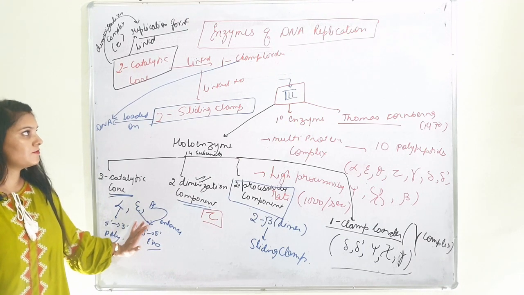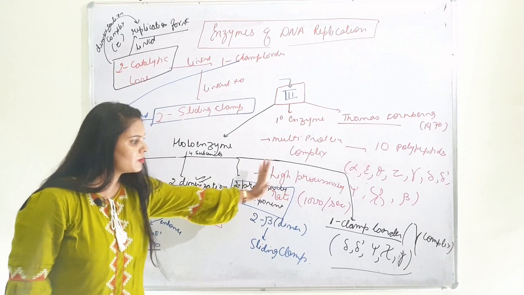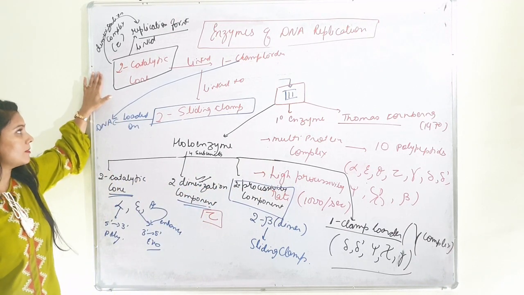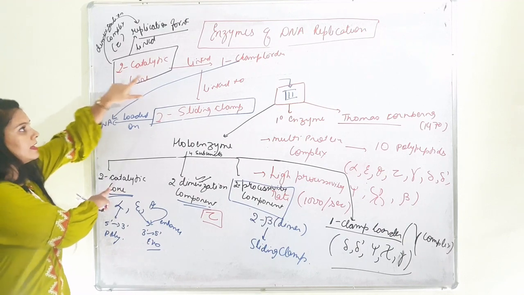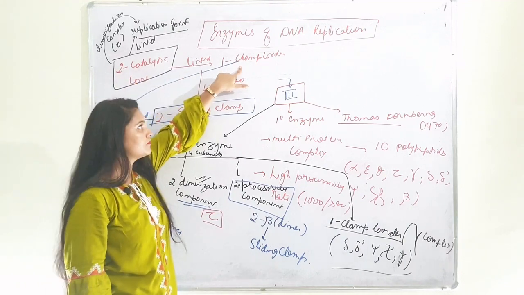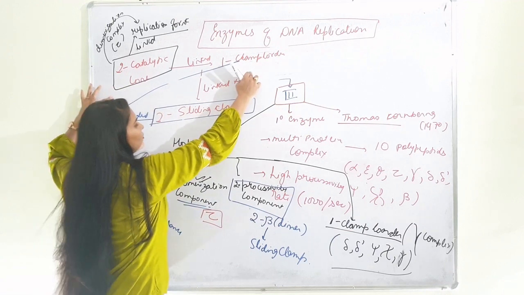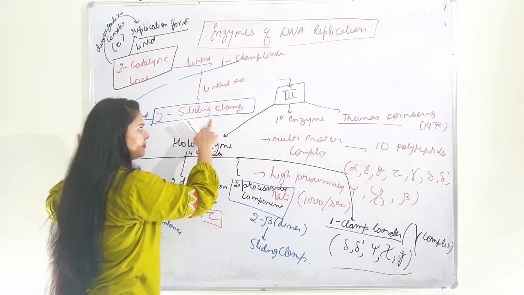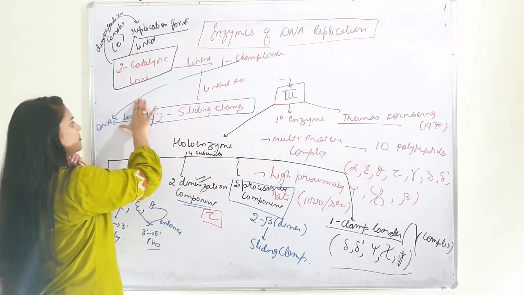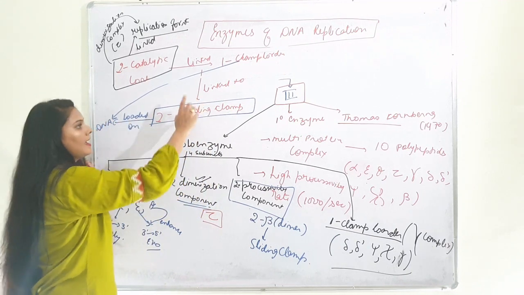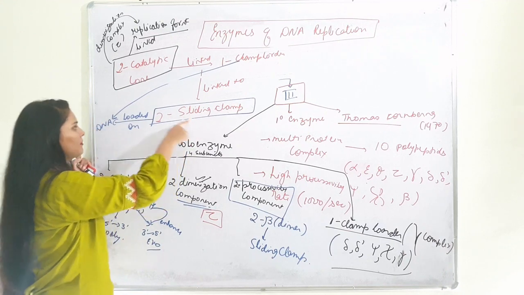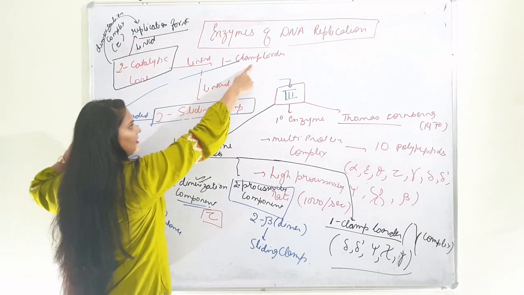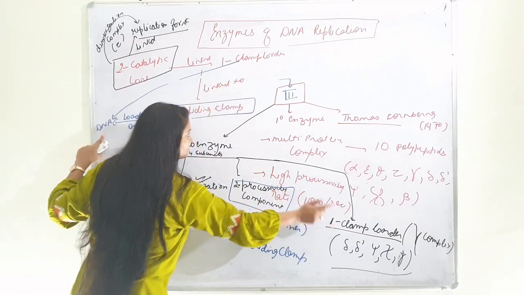At a replication fork, first of all, these subunits of the holoenzyme react with each other and form a holoenzyme where 2 catalytic cores are linked to the clamp loader, and these components afterwards are linked to the sliding clamp. Then they move on to the DNA template where the sliding clamp is loaded onto the DNA template, and this loading is facilitated by the clamp loader.